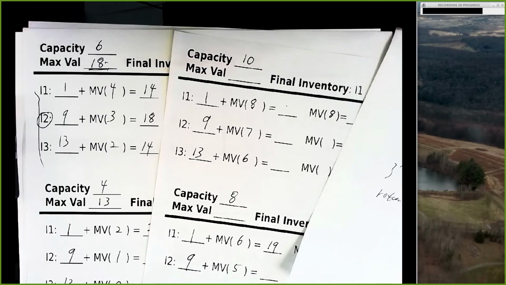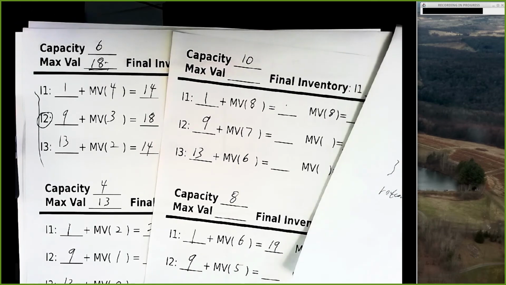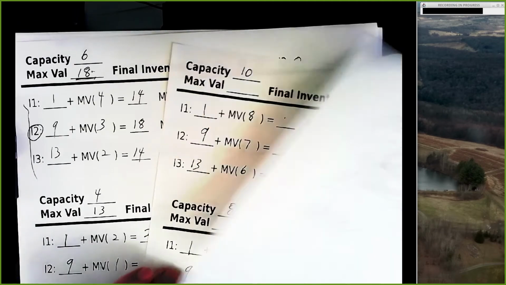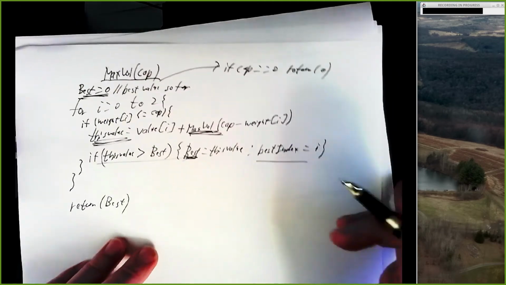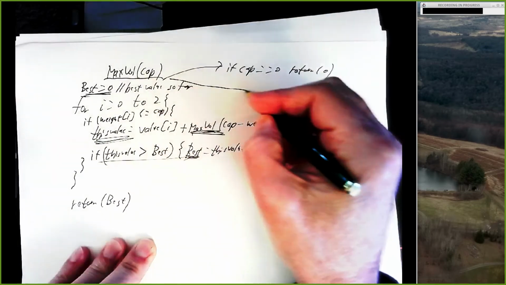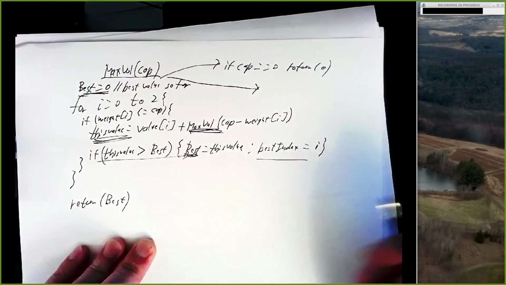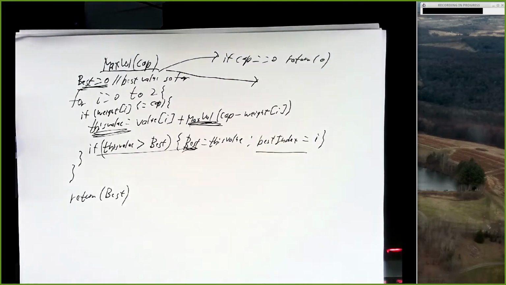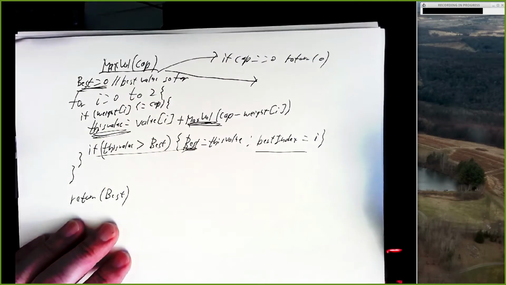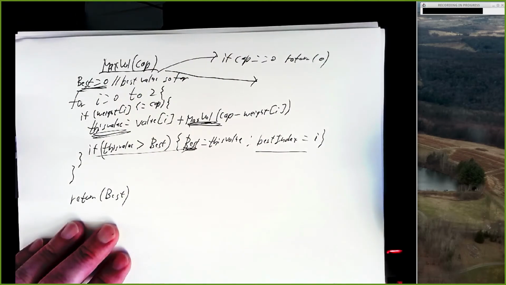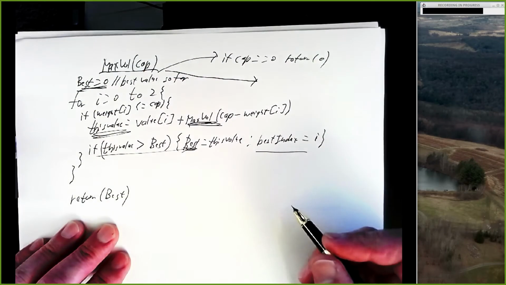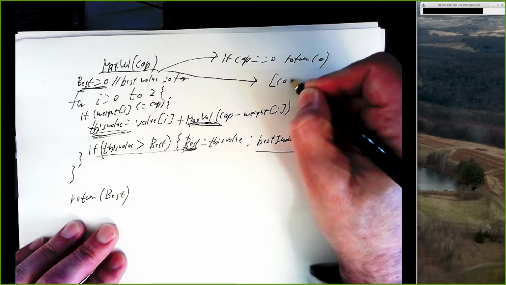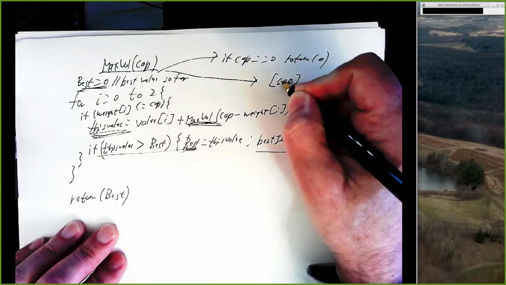So all you're going to have to do, and when I say all, I don't mean it's easy, but all you're going to have to do is in the beginning of your max val function, see if you've already calculated max val for that capacity. So an array of integers perhaps, indexed by capacity, and if you've calculated the max val for that given capacity, that entry in the array should be bigger than or equal to 0.